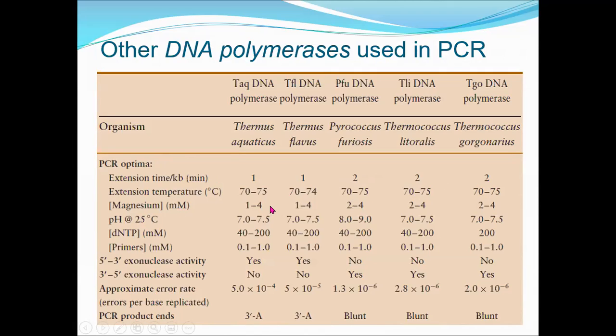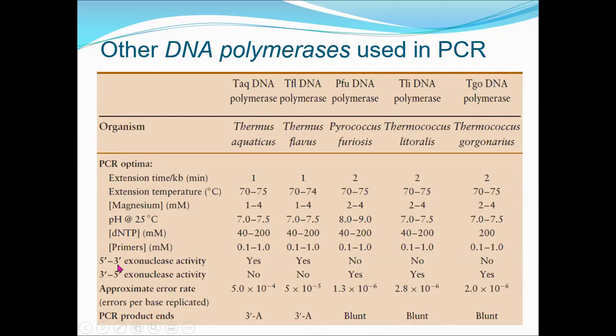Magnesium concentration requires 1 to 4 for some, and 2 to 4 for the others. pH at 25 degrees Celsius needs 7 to 7.5, except for Pfu, which needs 8 to 9. dNTP concentration is 40 to 200 micromolar, and for Tgo it is just 200. Primer concentration is the same for all.